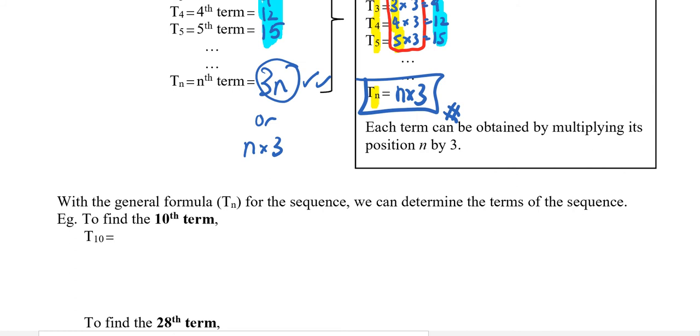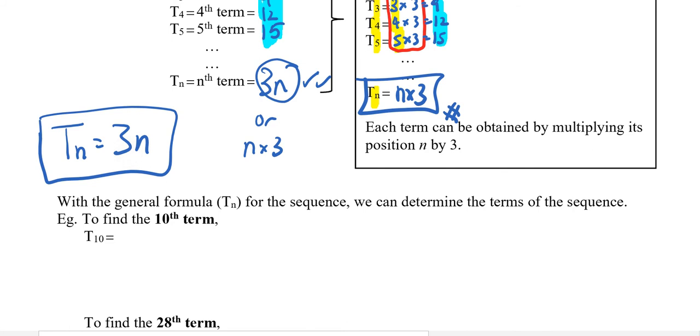Okay. Maybe Jamie can tell us why are we interested to find term n? Other than that's what the question asked for, Jamie, can you suggest why you want to find term n?